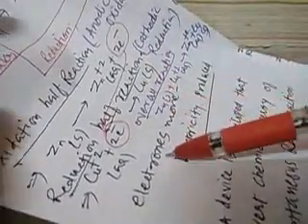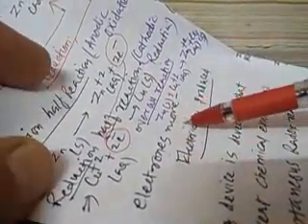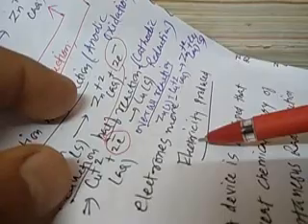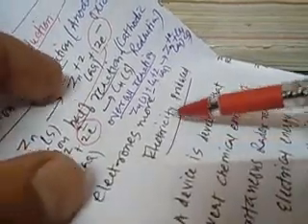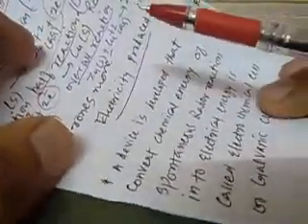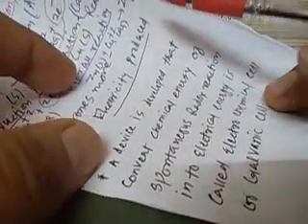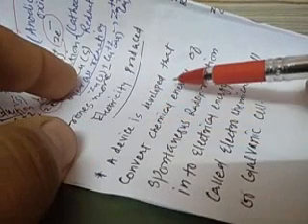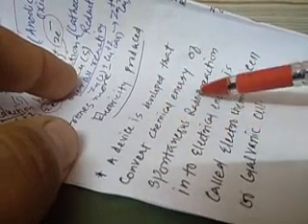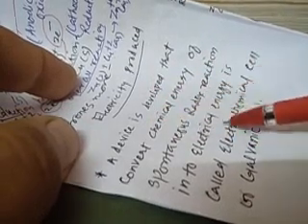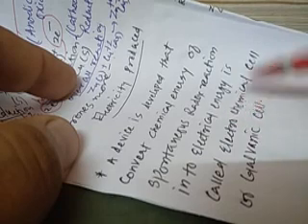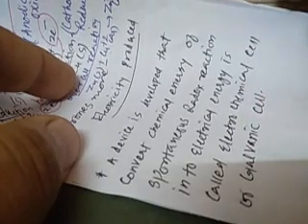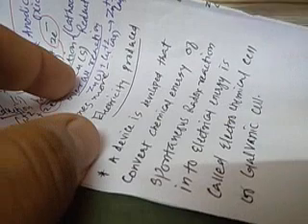As electrons move here, electricity is produced. So my dear students, using this spontaneous redox reaction, we can produce electricity. Here we can say that a device that converts the chemical energy of a spontaneous redox reaction into electrical energy is called an electrochemical cell or galvanic cell.